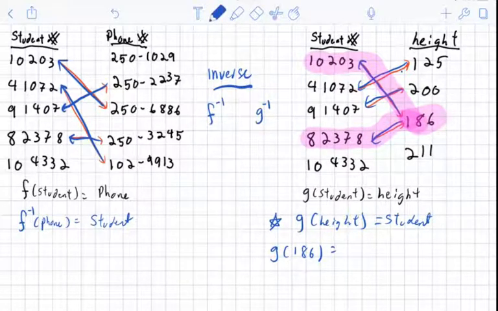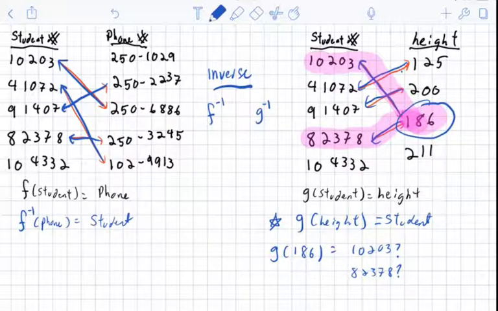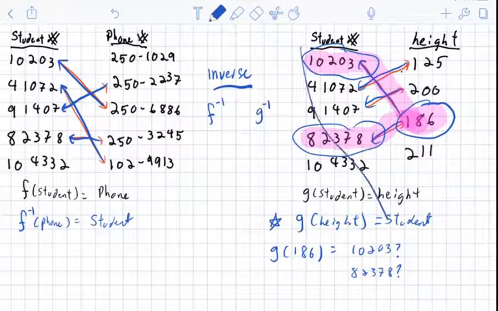Is it 10203 or is it 82378? Which is the right answer? It has to be unambiguous. You remember that from us talking about functions. You're not allowed to have two outputs for any one input.